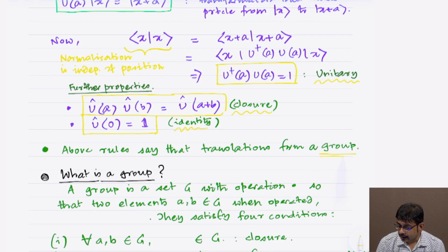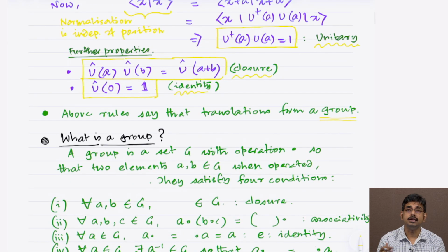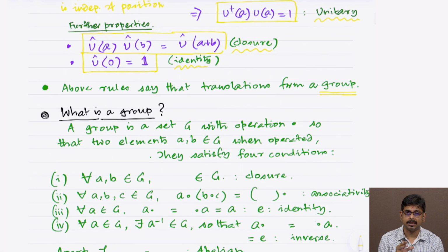And this brings us to a question: what is a group? Right. Many of you perhaps already know, but it is good to reiterate that a group is basically a set G that has an operation.